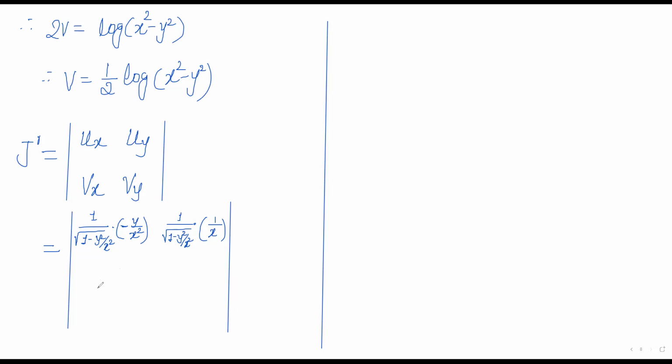Derivative of v with respect to x, 2x divided by x square minus y square into 1 by 2. 2 to cancel झाला. काय x upon x square minus y square, and here minus y upon x square minus y square.